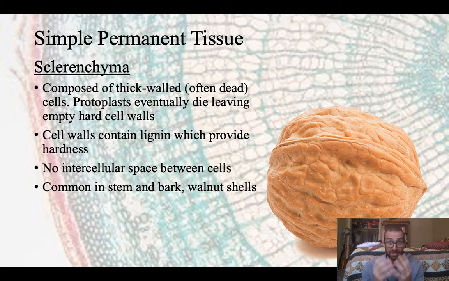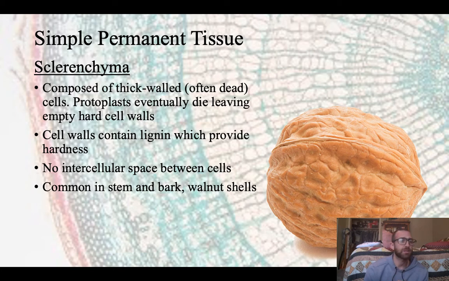So what you're left with eventually is just a bunch of very, very thick cell walls that contain a molecule called lignin, which is going to provide more hardness to this tissue. So our sclerenchyma tissue is going to be thick cell walls that are hardened with lignin. There's no intercellular space between them, and they are providing tough structure, right?